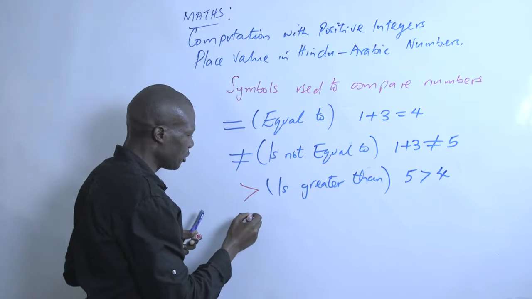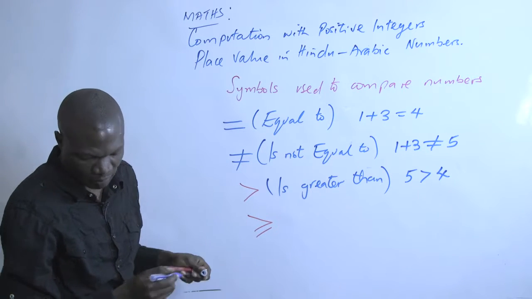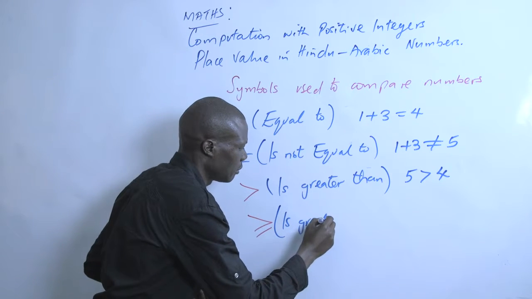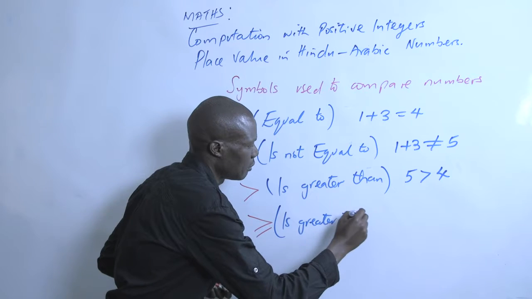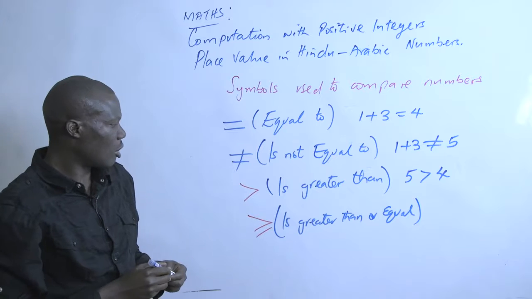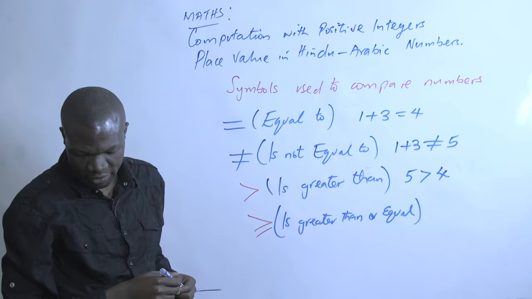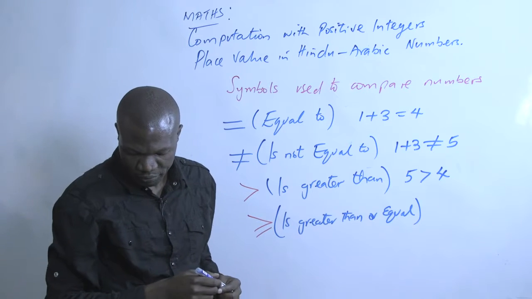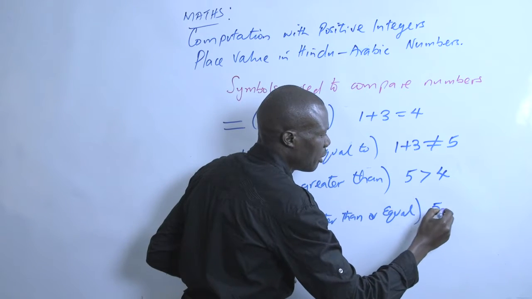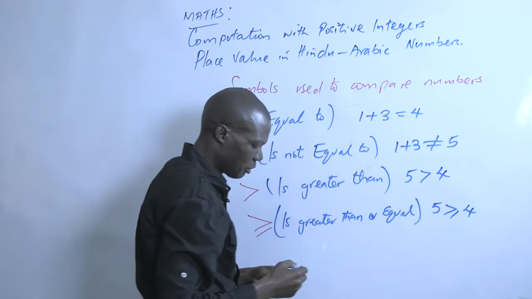Another sign we use is this, which stands for is greater than or equal to. We can say 5 is greater than or equal to 4.